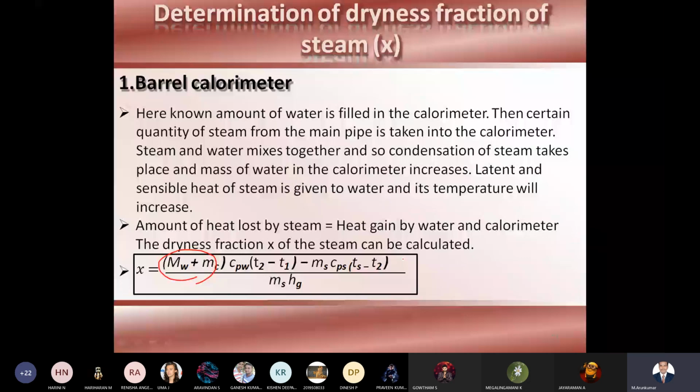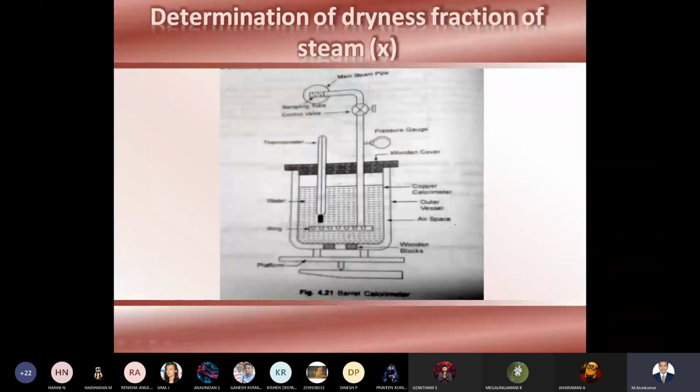So this is the diagram of our barrel calorimeter. We have some water with a known value, then we mix the steam with this, then there will be an increased temperature.